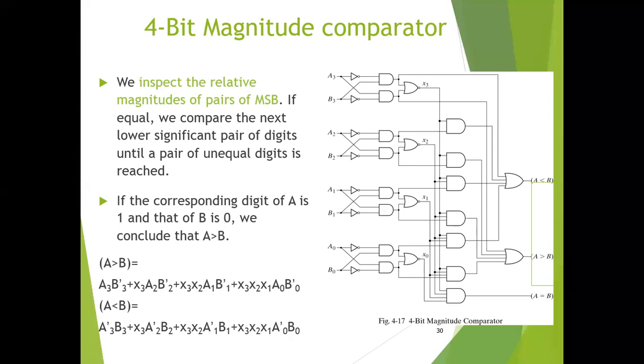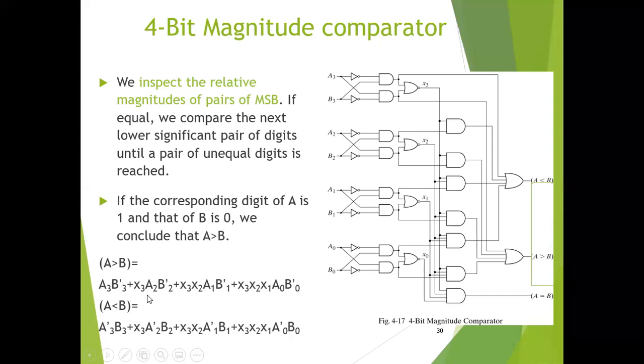If not equal, for example, if A3 is 1 and B3 is 0, for the condition of A is greater than B, then we make the minterm equal to 1. So we take A3 and the complement of B3. And if both are equal, then this will be equal to 0, and we will move to the next significant pair.